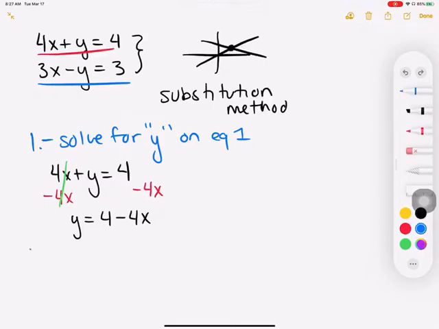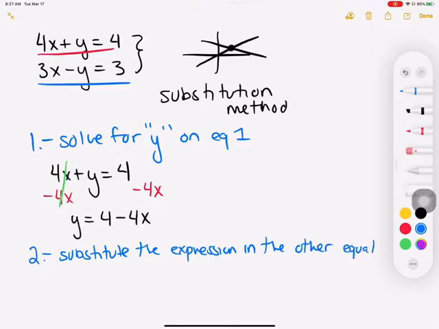The second step is going to be substitute the expression in the other equation. Now, on this equation that I found, or that I came up with, I have this value for y, right, which is 4 minus 4x.